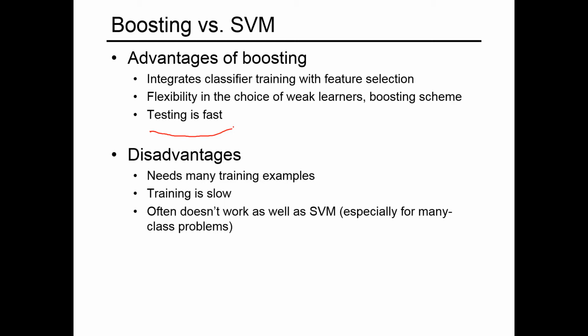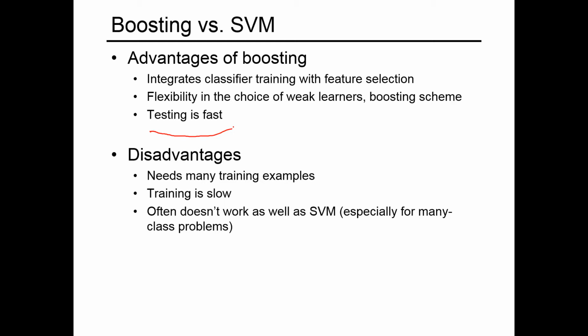Let's say the first one says it's a phase, and then you can have a second stage classifier to further say, okay, I have this phase candidate. Can you make sure that it's really a phase or not? You can go through multiple stages like that. Therefore, you can build a classifier pretty easily to increase the precision, and you can also trade off computational complexity when testing very easily.